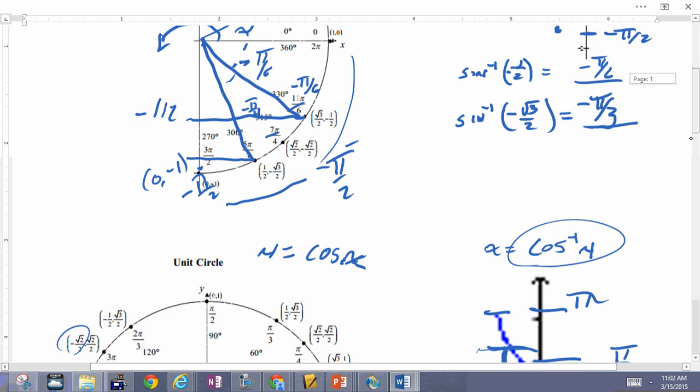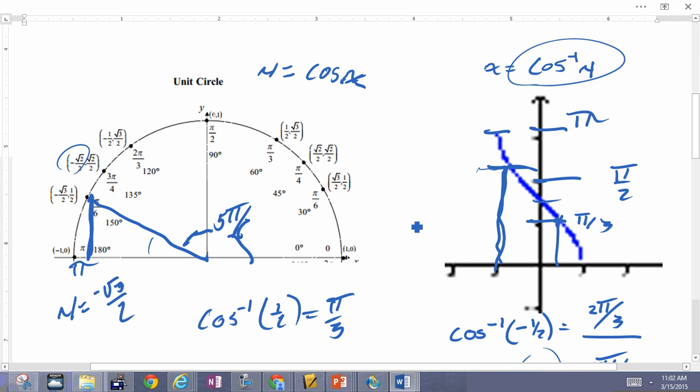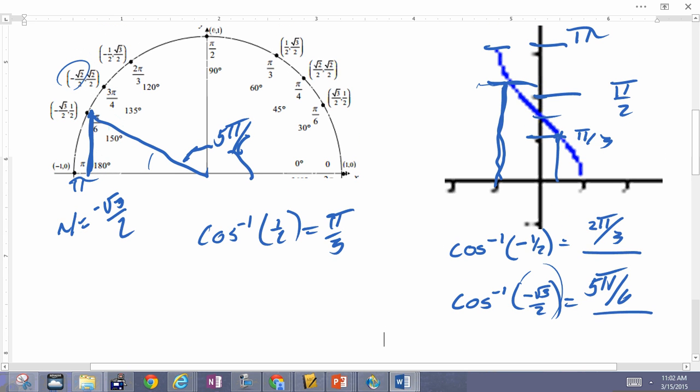And when we're asked to evaluate the inverse cosine, we're looking at angles of rotation running from 0 to pi, which is using the upper half of the unit circle. So hopefully that paints a different perspective and allows for an easier interpretation of what these inverse cosines and sines are asking for. Okay, there you go.